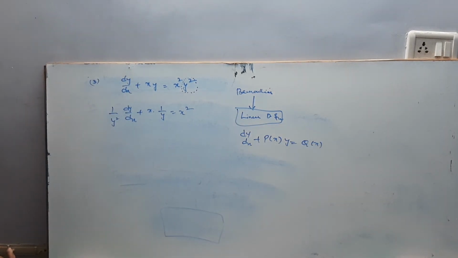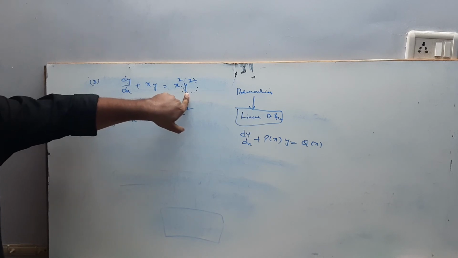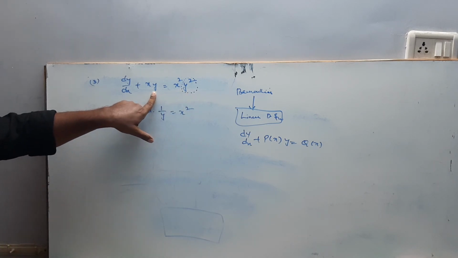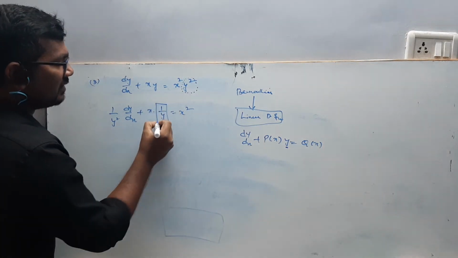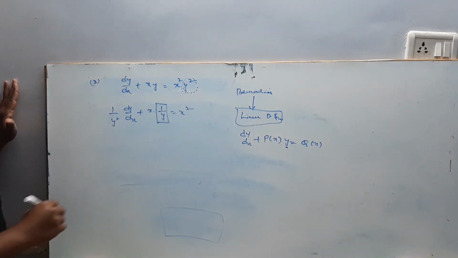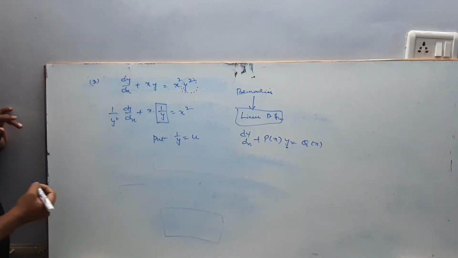That's the original linear. Don't forget, we are converting into the linear. Here p of x into, it should be y, but here 1 by y is there. That's why put 1 by y as u.